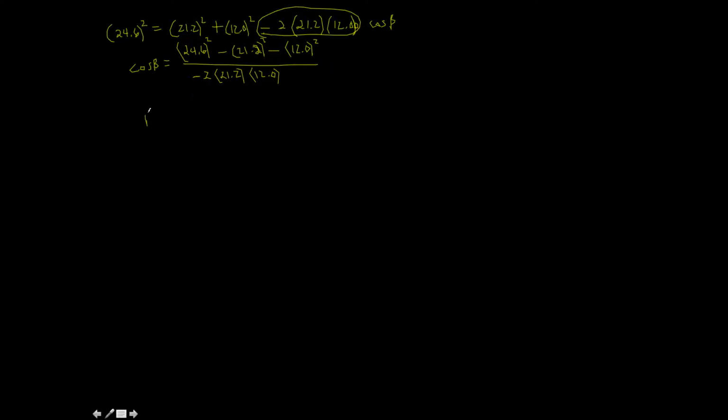So remember, keep it as accurate as you can. In order to find beta, we're going to find the inverse cosine of all this, the inverse cosine of everything we have up here. I would type it in like this.